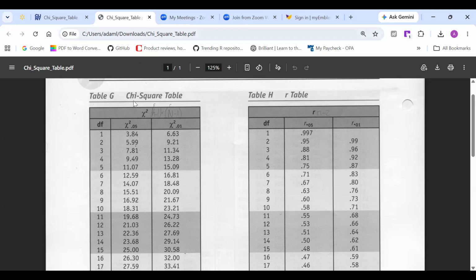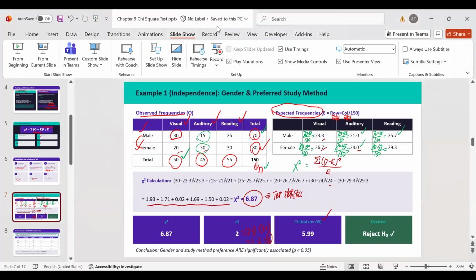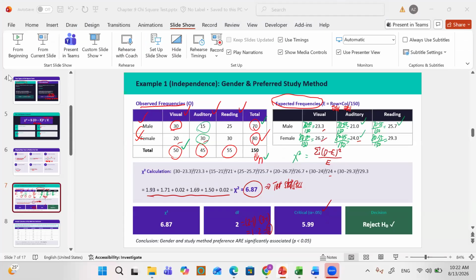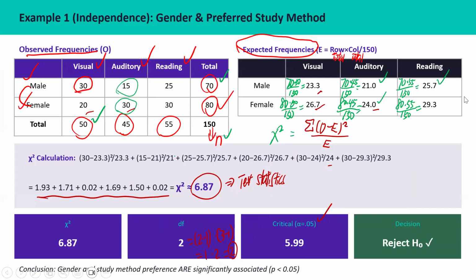And let's go back here. Now, once we have this, we decide on the critical chi-square value, 5.99. Now we draw this chi-square test. I'm going to use a different color.